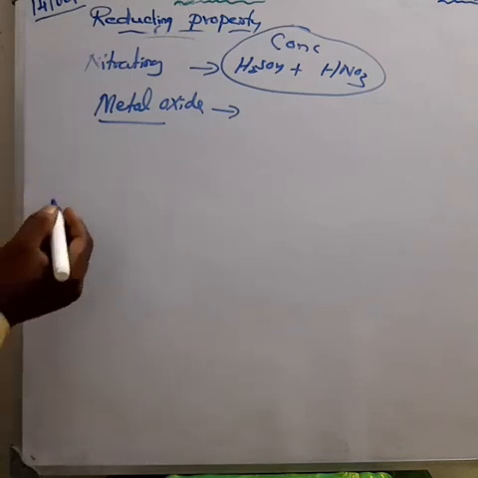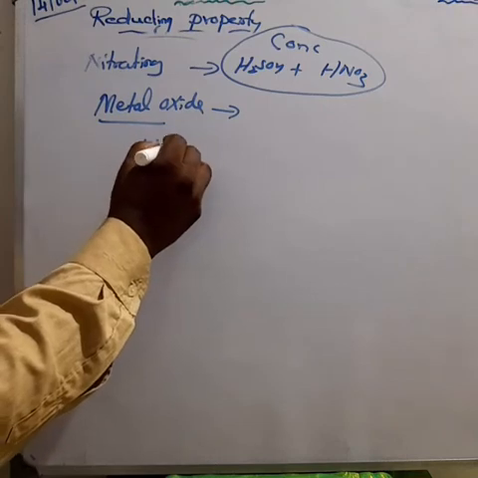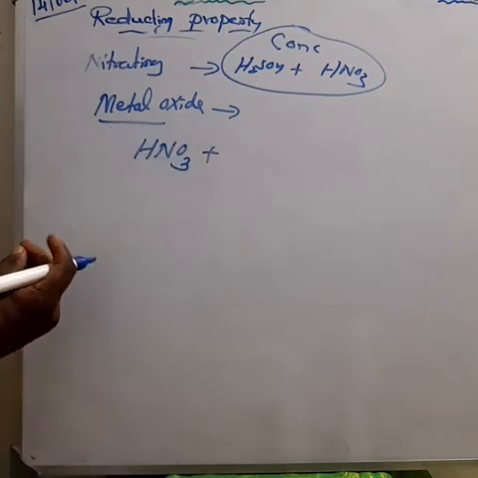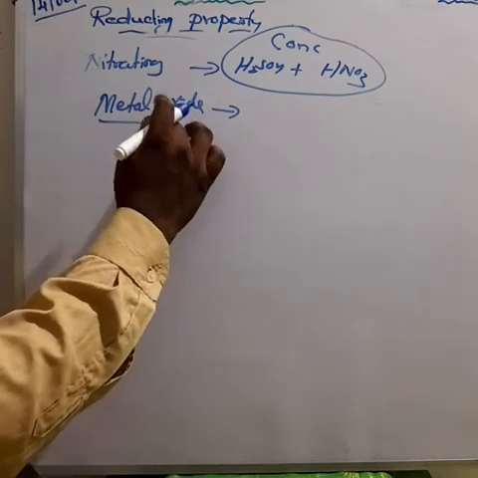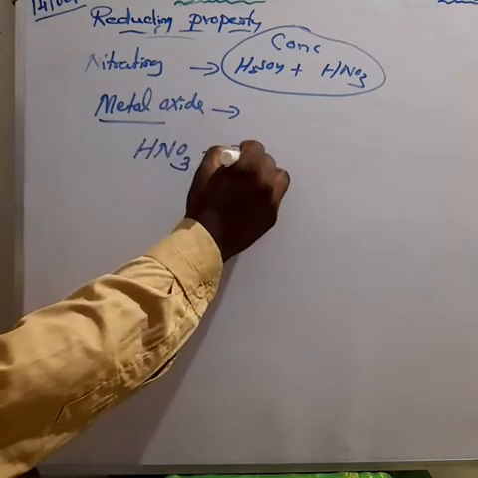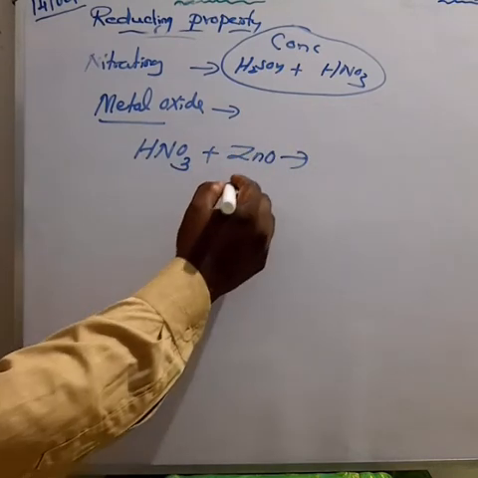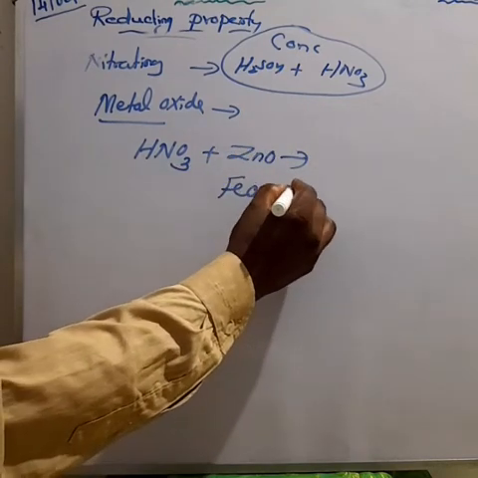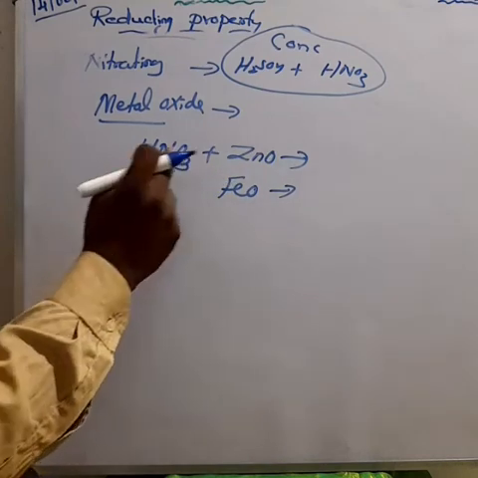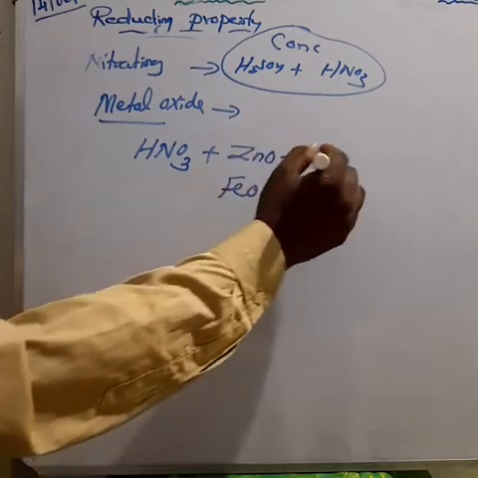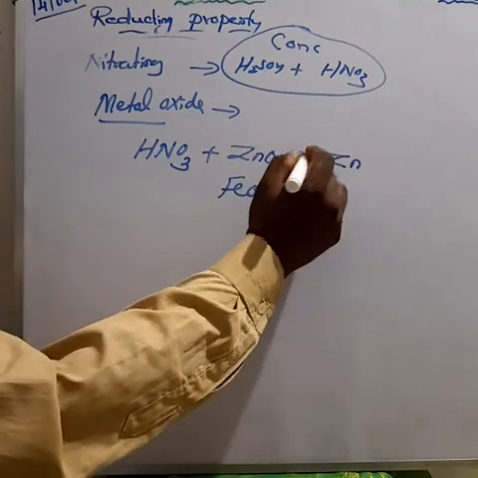As an acid, nitric acid reacts with metal oxide. Metal oxide, I am taking zinc oxide, otherwise iron oxide. Anyhow, nitric acid on reaction with zinc oxide, we get zinc nitrate.